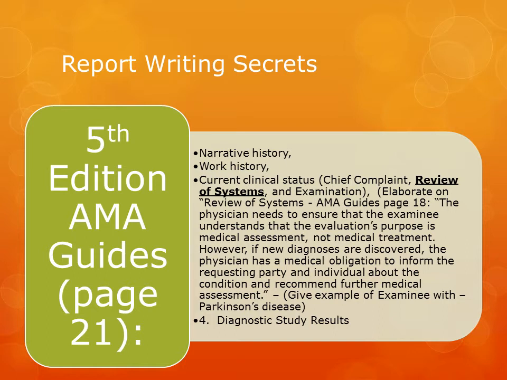And probably one of the best examples that I can think of from my own cases is an injured worker that developed some tremors of his right upper and lower extremities after an industrial lumbar spine injury. So temporally speaking, the tremors coincided with the injury.